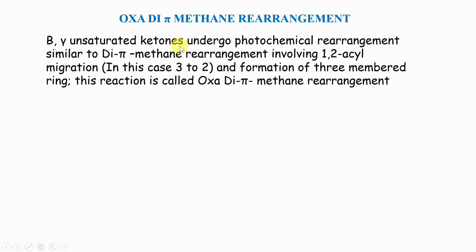Beta-gamma unsaturated ketones undergo photochemical rearrangement similar to the di-pi-methane rearrangement, involving 1,2 acyl migration and formation of a three-membered ring.